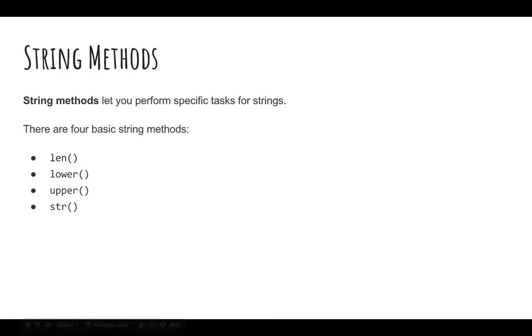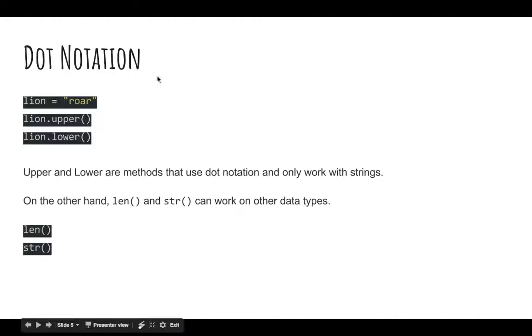We also find methods that are very useful here in Python for strings. Let's analyze 4 basic string methods: length, lower, upper, and string. The first two, upper and lower, use this dot notation.